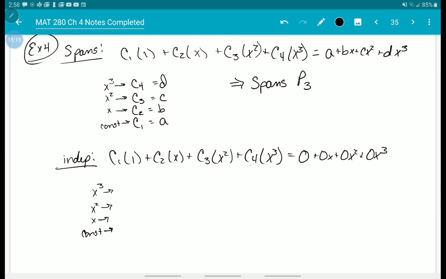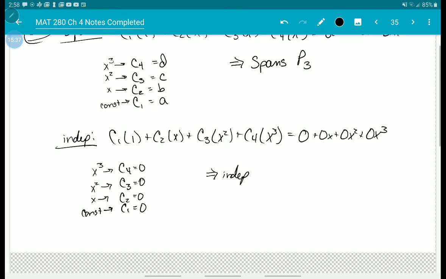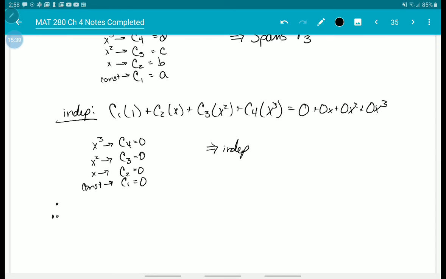So we have C4 has to be equal to 0. C3 has to be equal to 0. C2 has to be equal to 0. And then C1 has to be equal to 0. So the only solution is the trivial solution, which means that we are independent. So since we span, since we're linearly independent, therefore we have a basis.